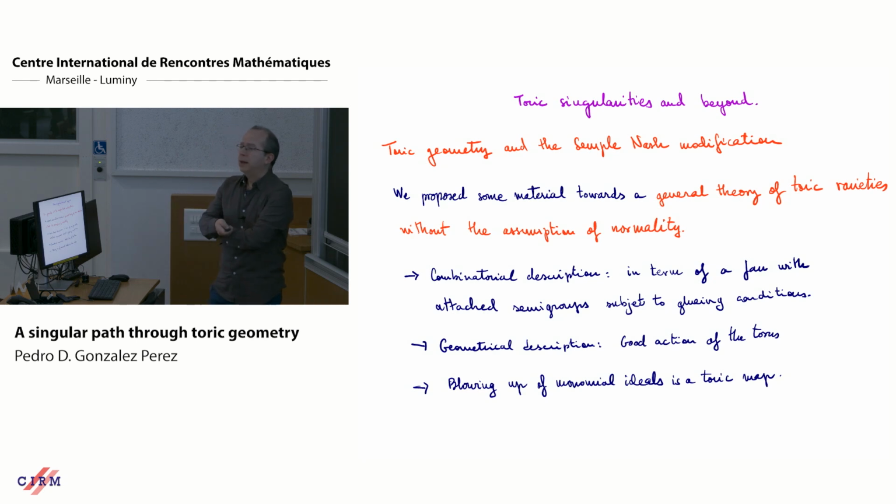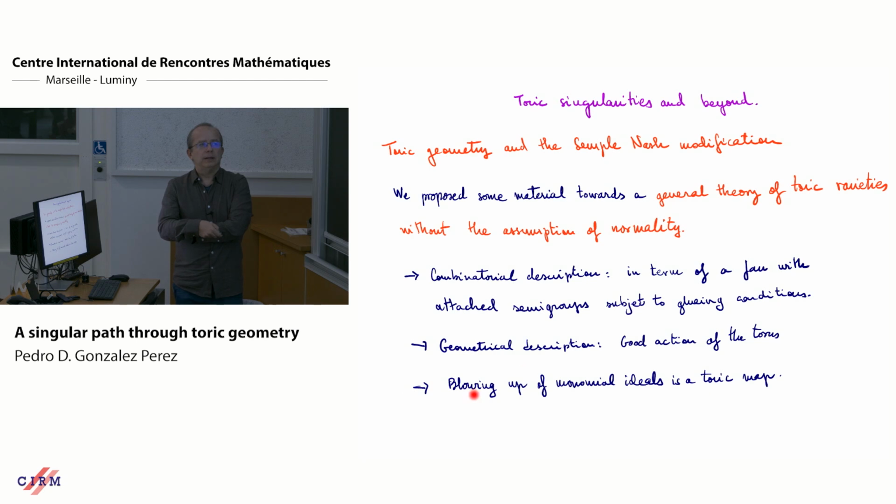In the normal case, this is the content of the Sumihiro theorem, which tells us that this condition holds, but in the non-normal case, we add this condition as an assumption. So the result is that this condition is the same as the combinatorial description which we give.